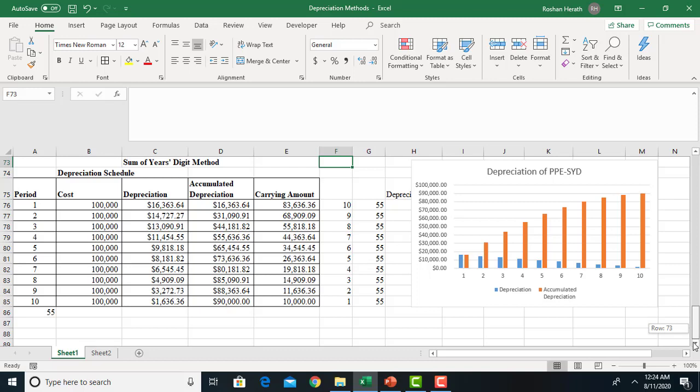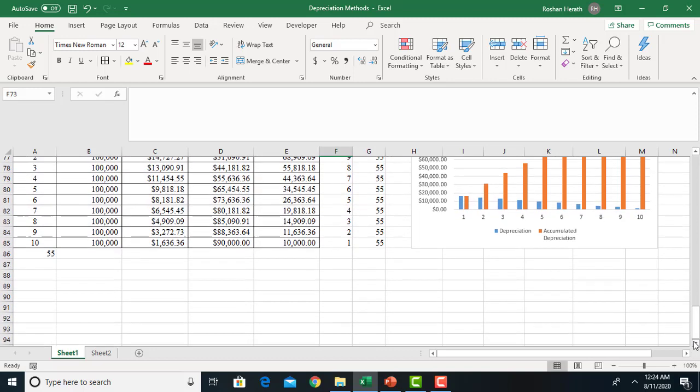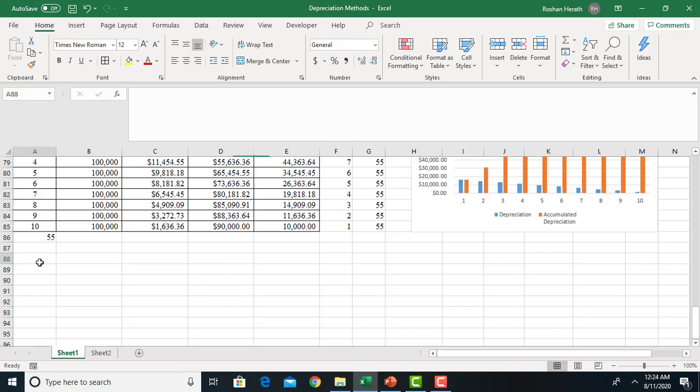Now what I thought of is that we may compare all the depreciation that we had computed under the different methods throughout the period. So let's take a comparison and see how this depreciation varies across the different methods.